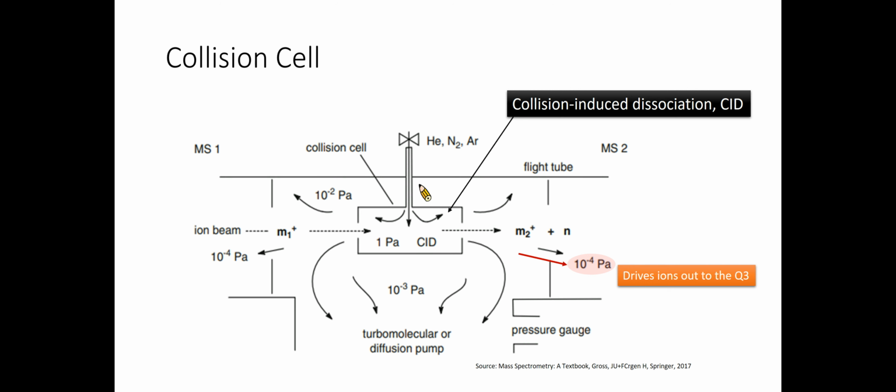The collision cell also drives the ions out, reducing the crosstalk among ions. In the collision cell, the analyte molecules undergo collision-induced dissociation by an energetic collision with nitrogen or argon molecules. The collision gas also acts to cool the fragments, facilitating transport to the detector.